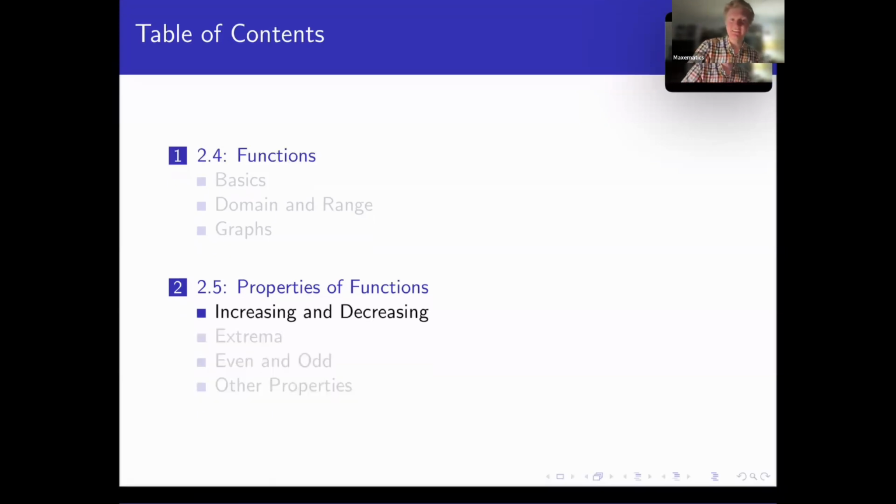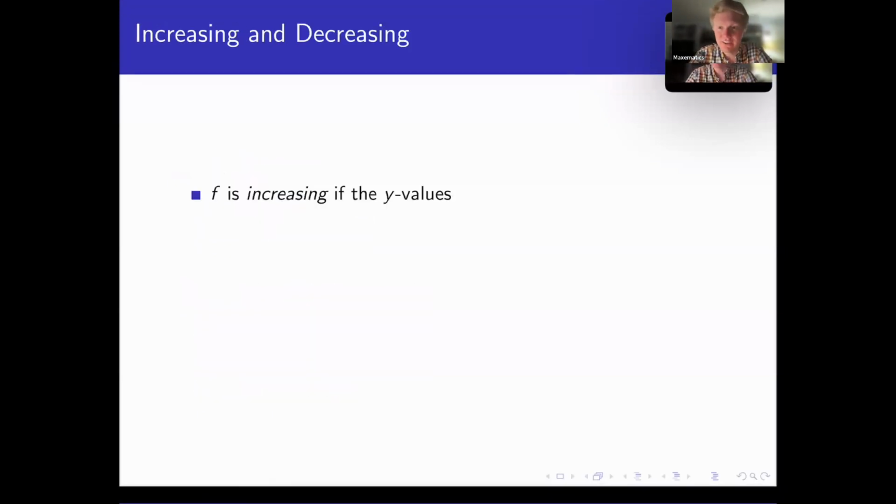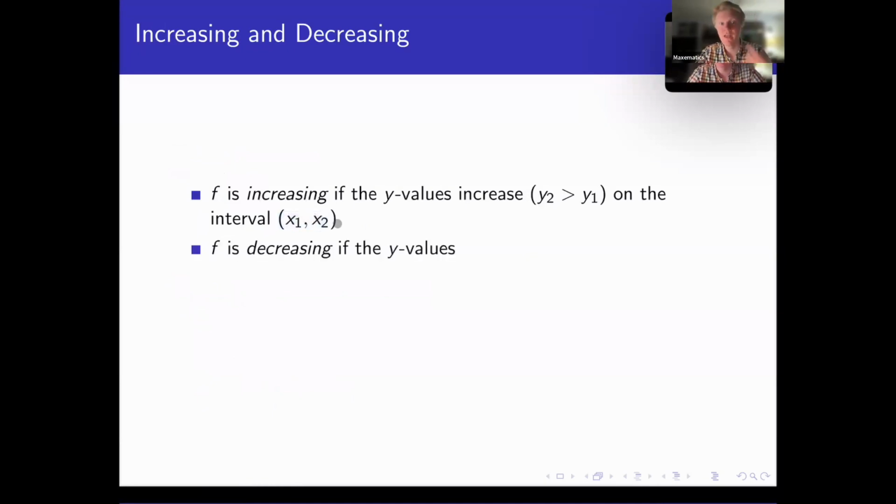So increasing and decreasing. Your function is said to be increasing if your y values increase over some interval x1, x2. So if your ending y value is greater than your beginning y value, then your function is increasing on the interval x1, x2.